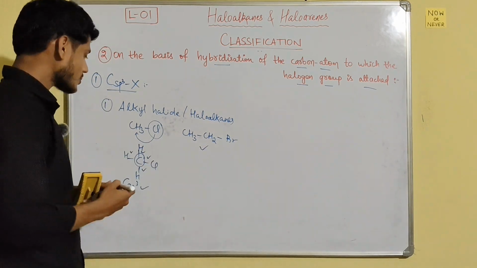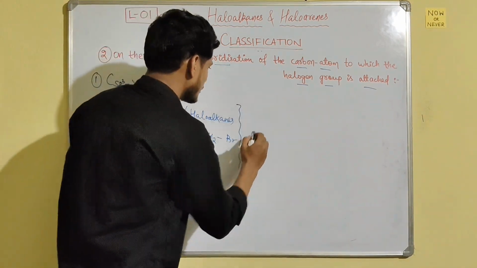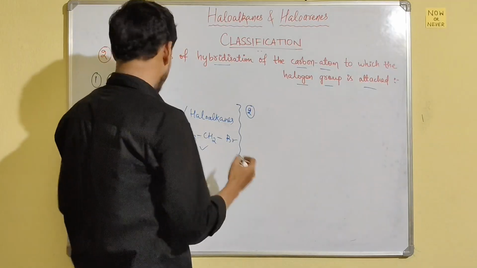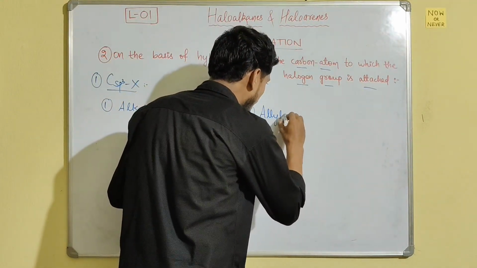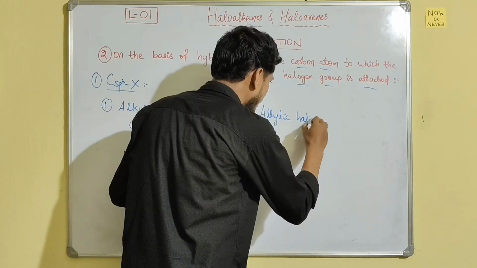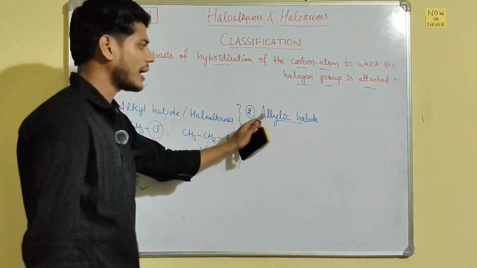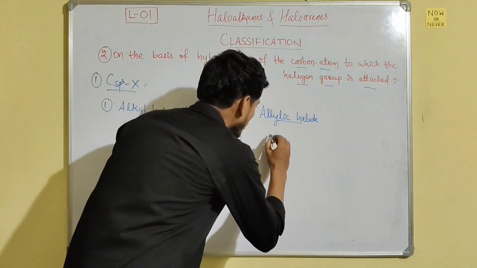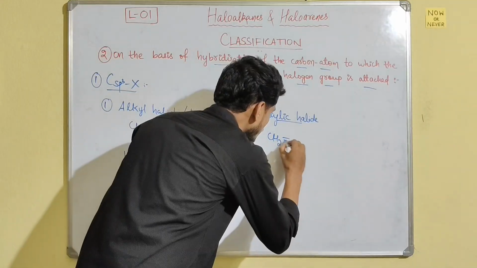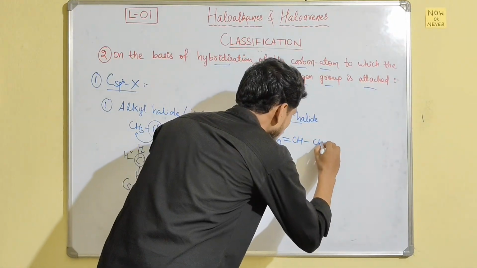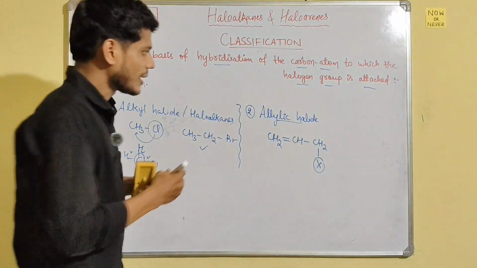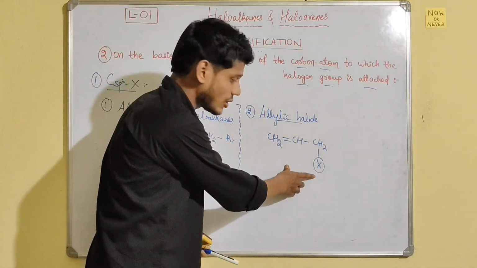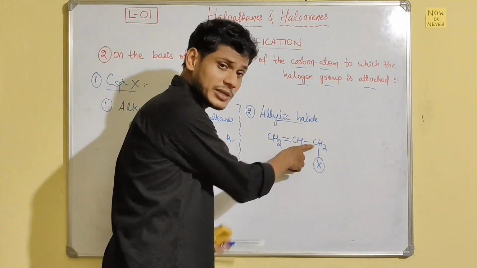Okay. The second is, this is very important, known as allylic halide. So what do you mean by allylic halide? For example, look at this structure. See here, this X or halogen group is attached to an sp3 hybridized carbon.